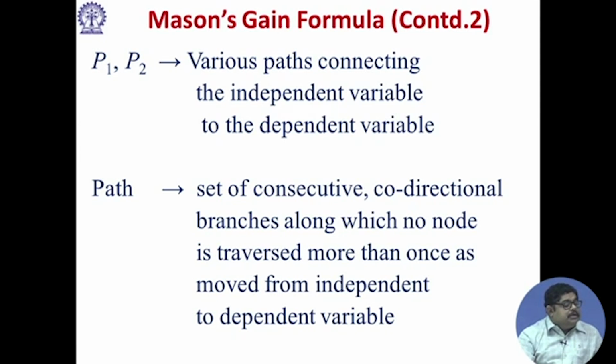And a path is a set of consecutive co-directional branches along which no node is traversed more than once as you move from the independent to the dependent variable. This is important: you can take any path from the independent variable to the dependent variable, but no node should be traversed twice.